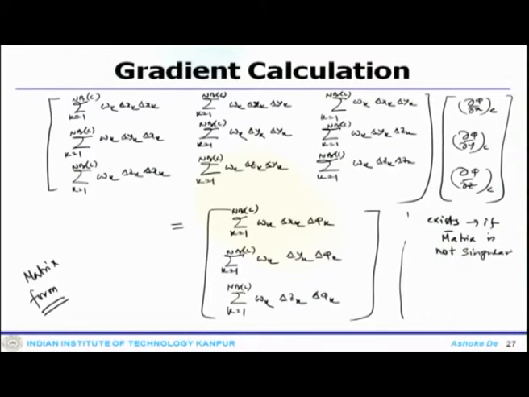Then also the choice of Wk is another factor. The choice of Wk is very important, because it partially contributes to the convergence of this system. For example, if Wk is chosen to be 1 for all the neighbors of C, then all neighboring points will have the same weight in the computation of the gradient, irrespective of whether they are near or far from point C.